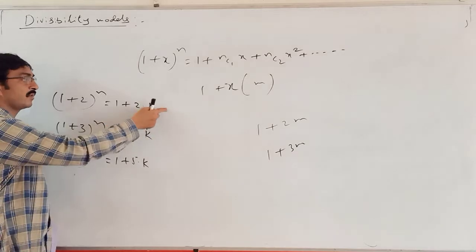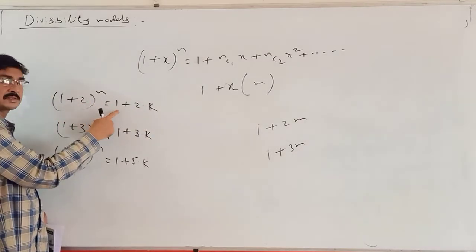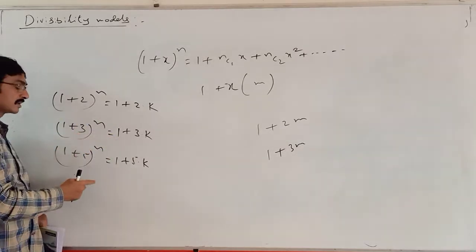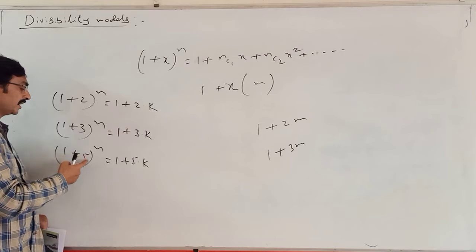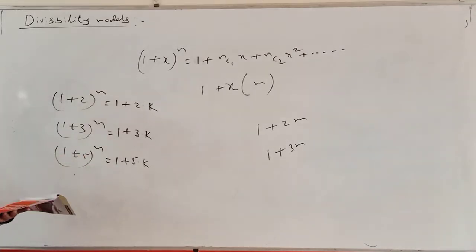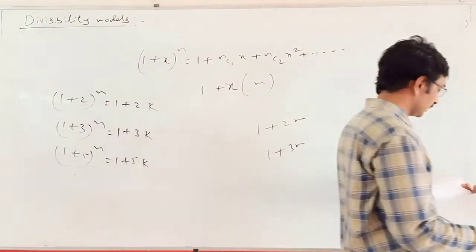So the remainder when divided by 2 is 1, when divided by 3 is 1, and when divided by 5 is 1. Okay. See, problems are related to this concept.